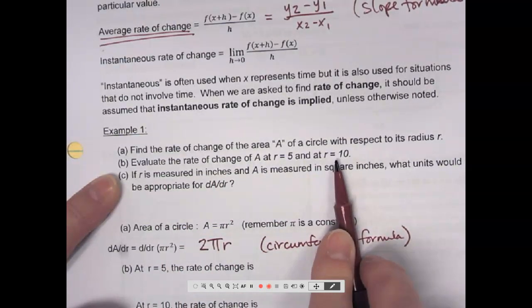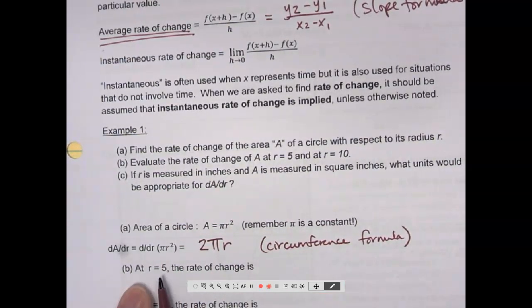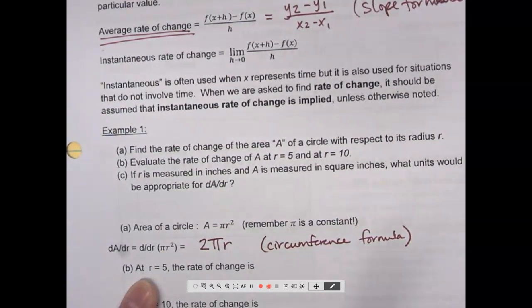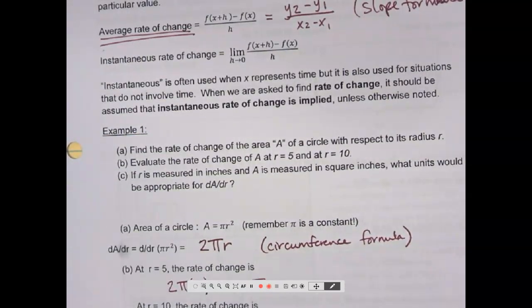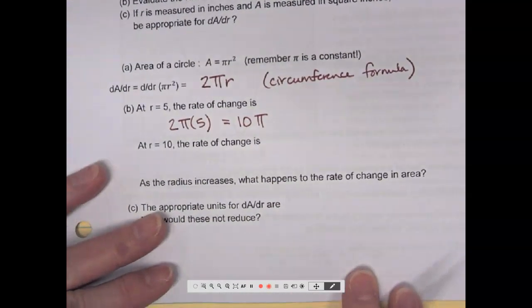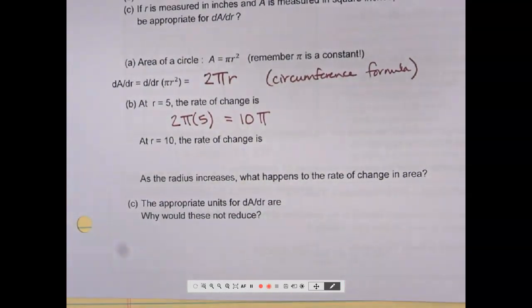Part B says evaluate this rate of change of A at r equals 5 and r equals 10. So at r equals 5, how fast is this area changing? I would just plug in 5 for r, and I would get 2 pi times 5, which would be 10 pi. And I don't think we had any units of measure up here, did we? We did not. So when you're not given units of measure, you just don't provide any with your answer.